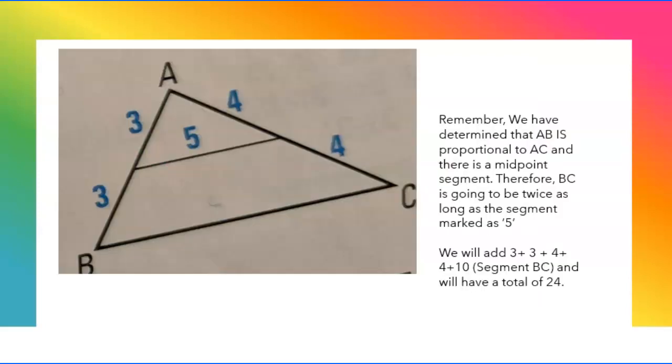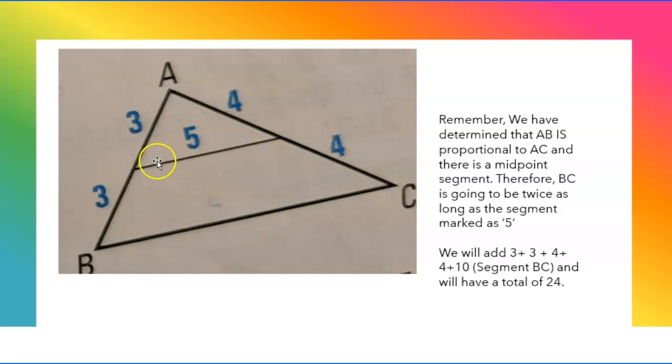This one is on page 389 at the very bottom. It says use the mid-segment theorem to find the perimeter of ABC. So really what's missing is this piece down here. We know that we have 3 plus 3. I've pointed that out over here. 3 plus 3 and 4 plus 4. But we need to know what this is.